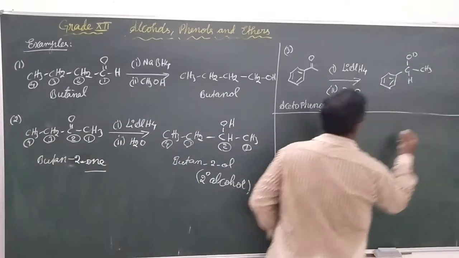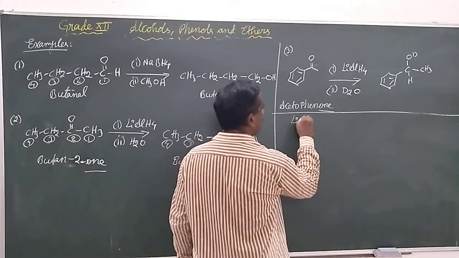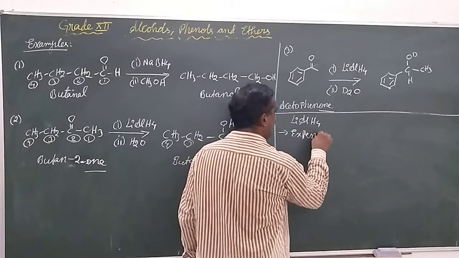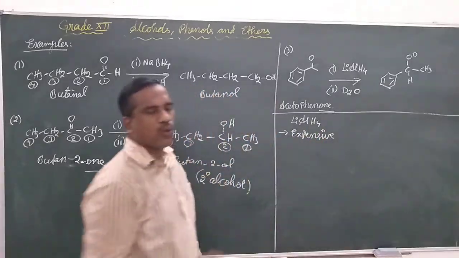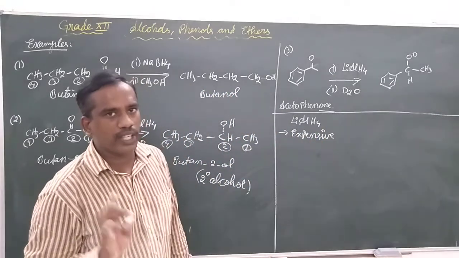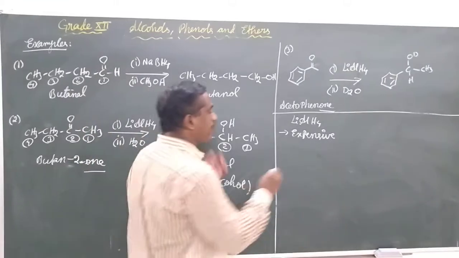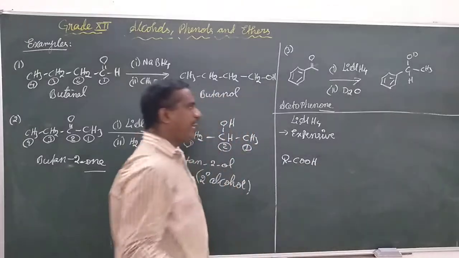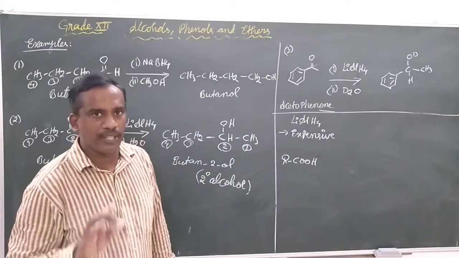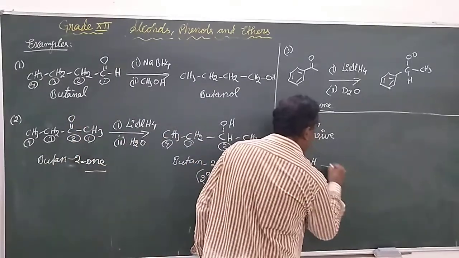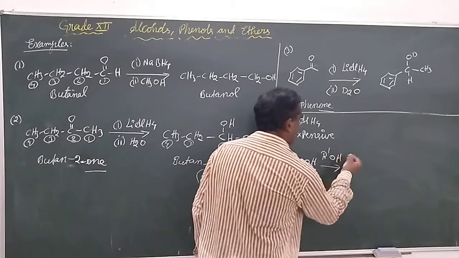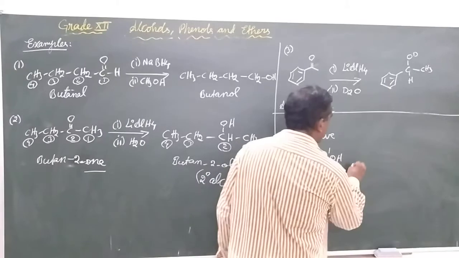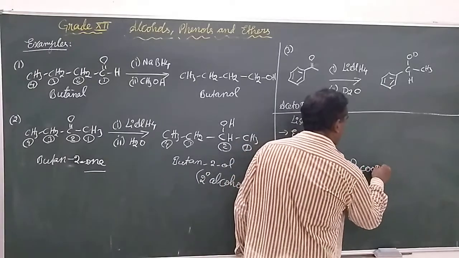Generally, what is the drawback of this lithium aluminum hydride? The first point is it is highly expensive. So it is used for only a few reactions. So generally, whenever we have any carboxylic acids, we don't apply the expensive lithium aluminum hydride. First of all, these carboxylic acids will be reacted with any alcohol to form esters.